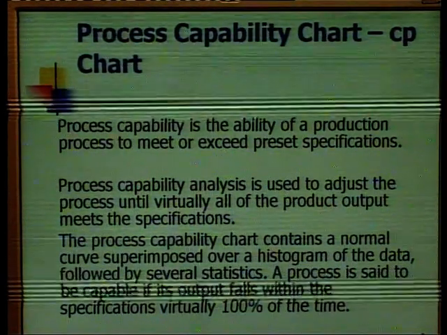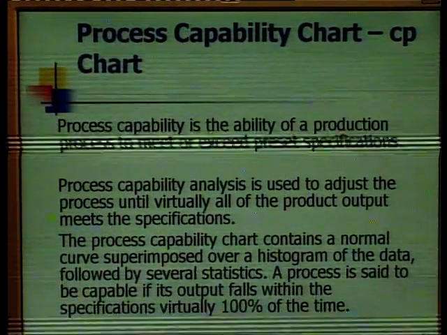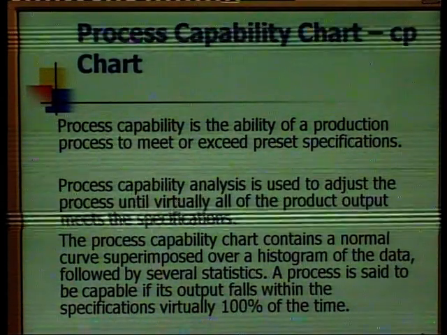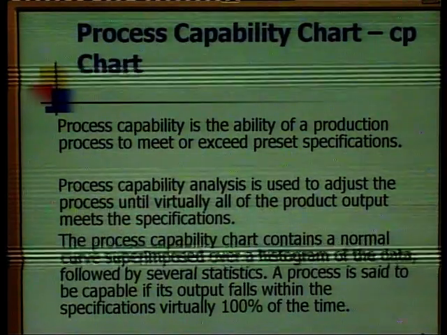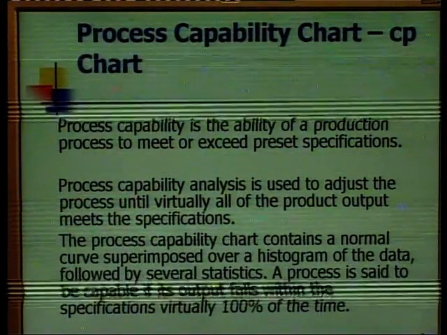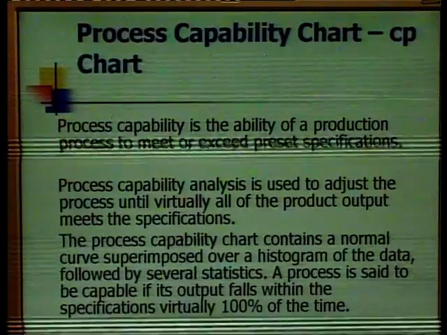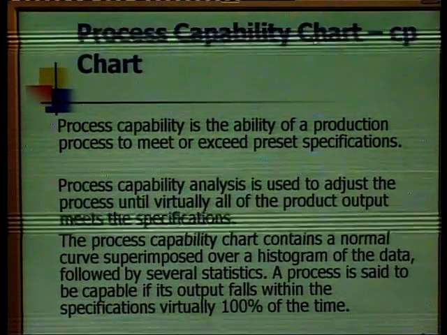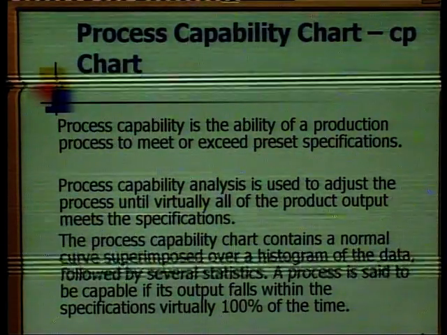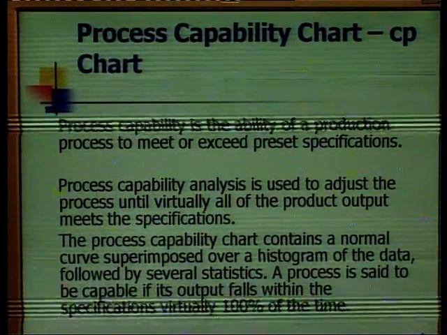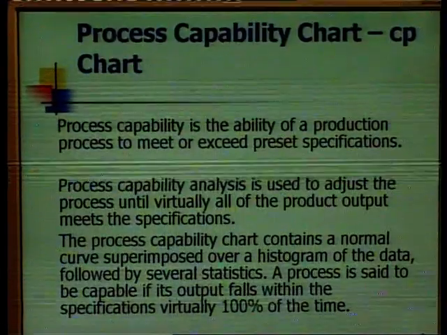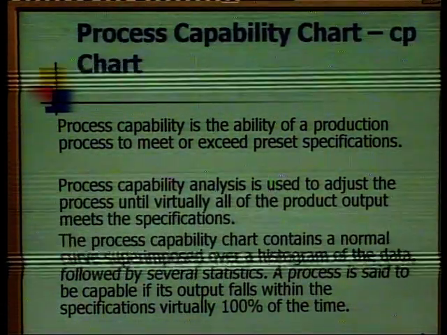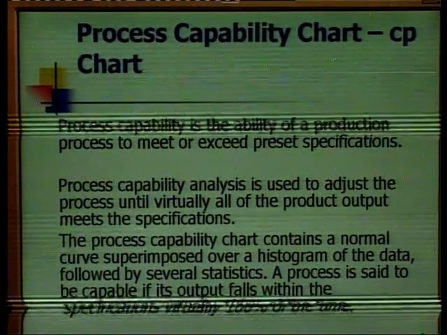Now, what is a process capability chart? Process capability is the ability of a production process to meet or exceed preset specifications. Meaning, with the help of the process capability chart we can check whether the process is exceeding or meeting the given specifications or not. Process capability analysis is used to adjust the process until virtually all of the product output meets the specifications.